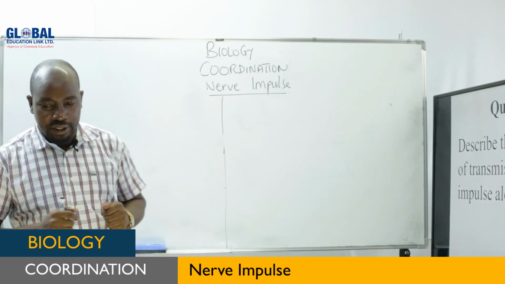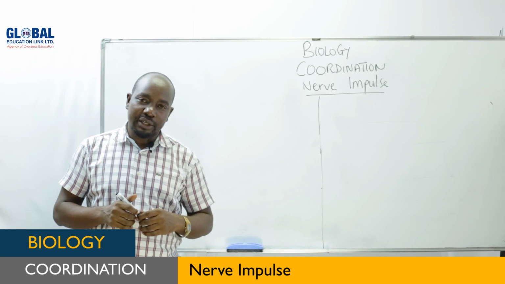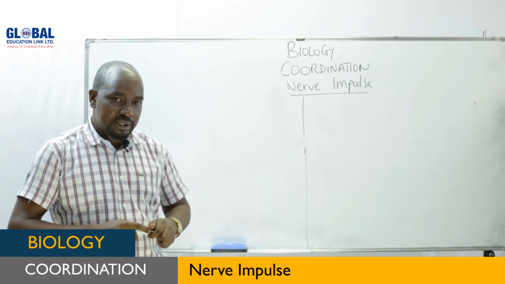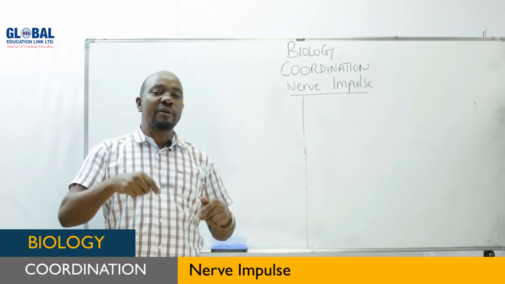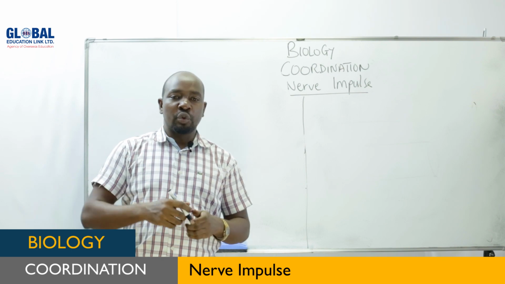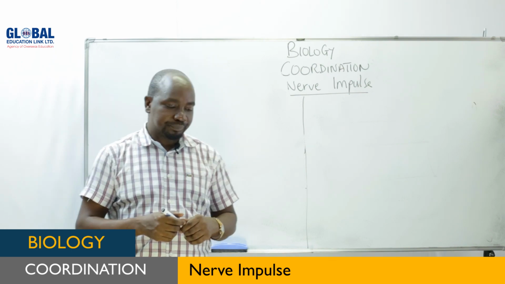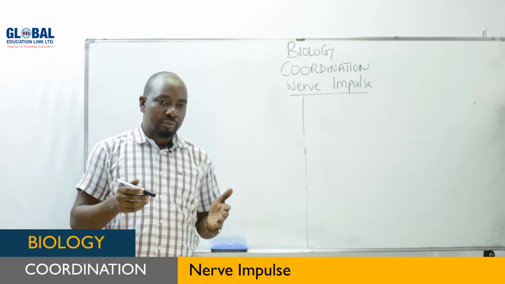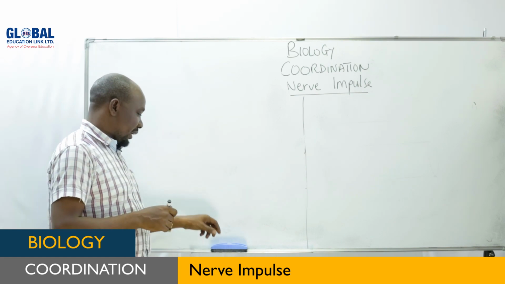The axon is a part of the nerve cell which transmits the nerve impulse away from the cell body to the other neuron or to the central nervous system. Dear student, the mechanism of transmission is as follows.